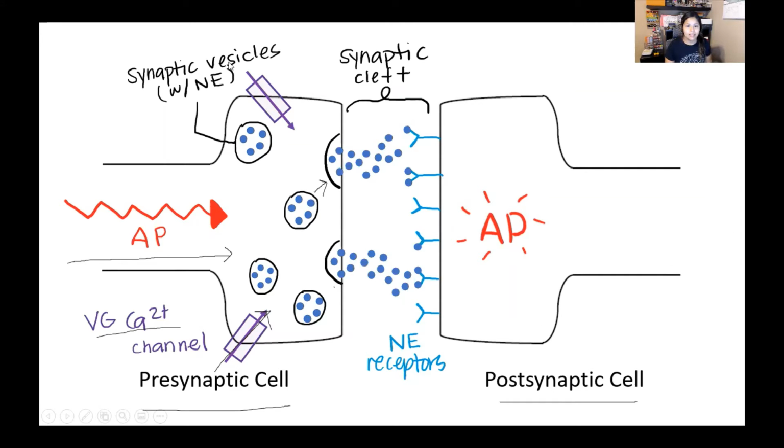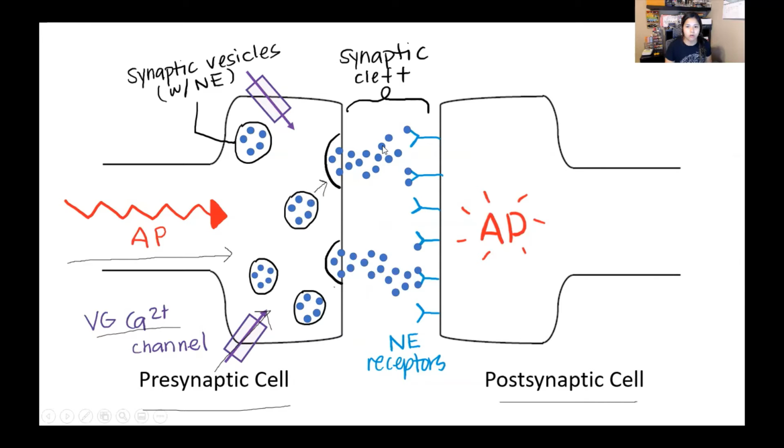This whole process is not specific to norepinephrine. This is how all neurotransmitters are sent out. So an action potential comes into the presynaptic cell. That action potential is going to trigger voltage-gated calcium channels to open. That influx of calcium is going to cause these synaptic vesicles to move towards the membrane at the axon terminal and allow them to release neurotransmitter, specifically norepinephrine in this case, via exocytosis.